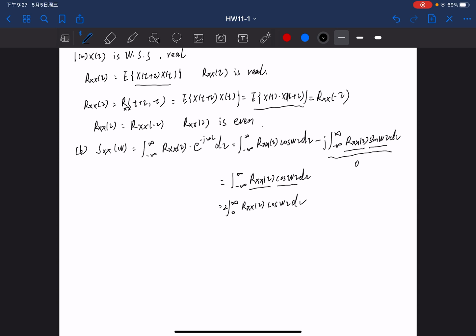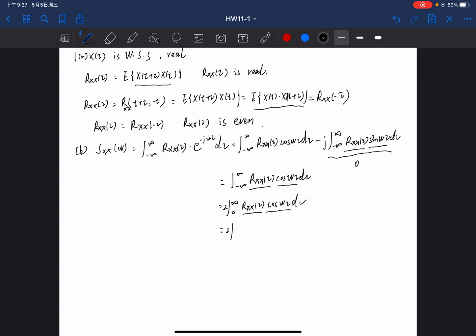And because cosine omega tau is an even function, we can also write it into this format.